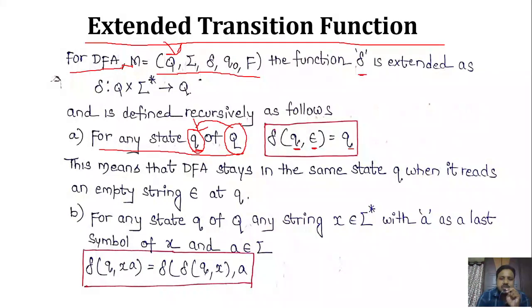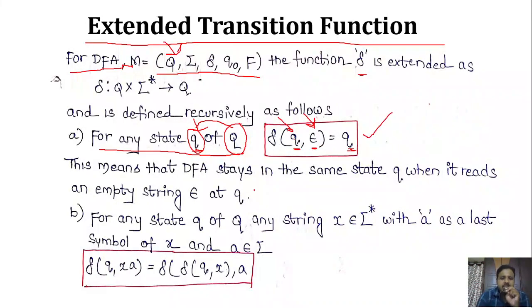So delta of q comma epsilon means you are in state q and the input you got is epsilon. If you process epsilon on some state q, you will be in the same state, right? If you process nothing, you stay in the same state. That is the first property.